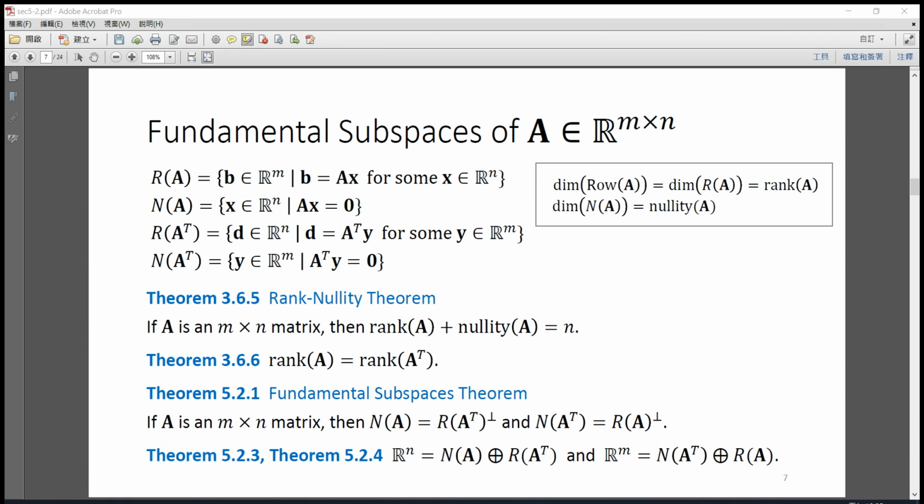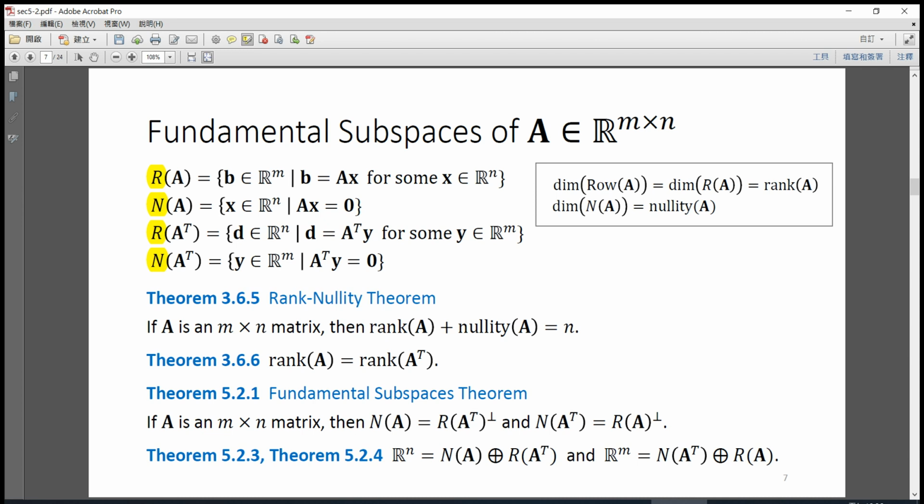In this slide, I will summarize the main results of section 3.6 and section 5.2. We recall the four fundamental subspaces of matrix A: the range space and the null space of A, and the range space and the null space of A transpose.